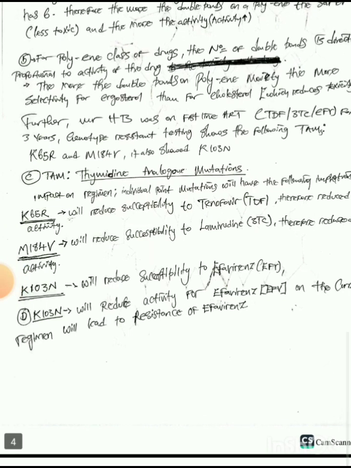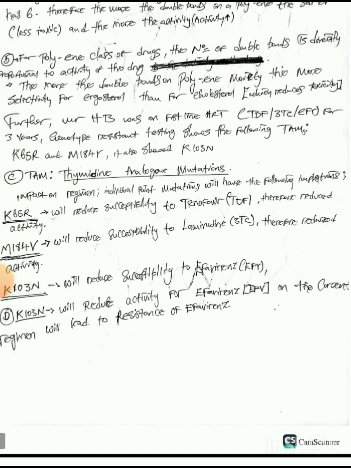On the current regimen, efavirenz activity will reduce because the binding potential of efavirenz is compromised by the replacement of lysine, because lysine has more affinity for efavirenz. So when we replace lysine, the binding affinity to efavirenz is drastically reduced.